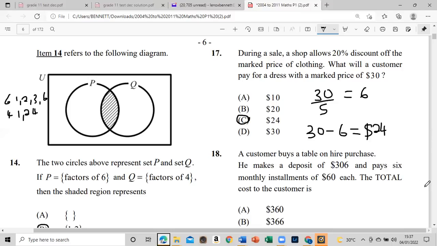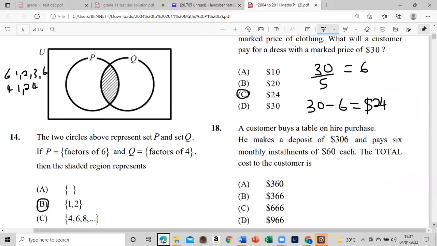A customer buys a table on hire purchase. He makes a deposit of $306 and pays 6 monthly installments of $60 each. Total cost to the customer is... So the deposit is the money you pay first. So you carry that first.